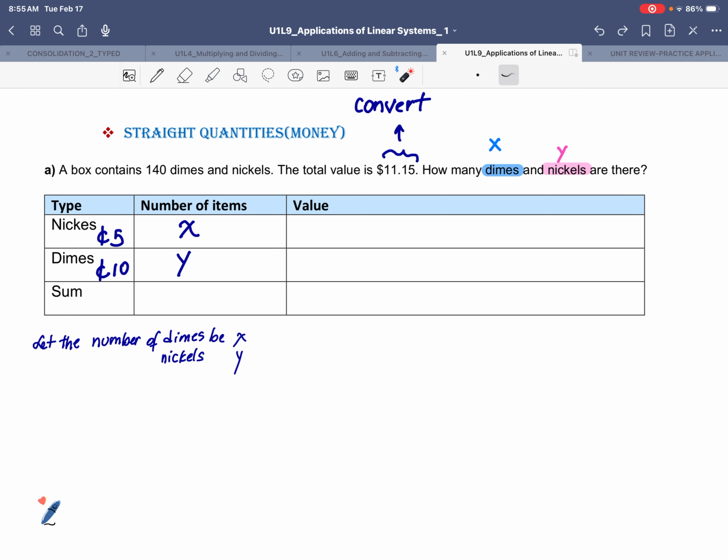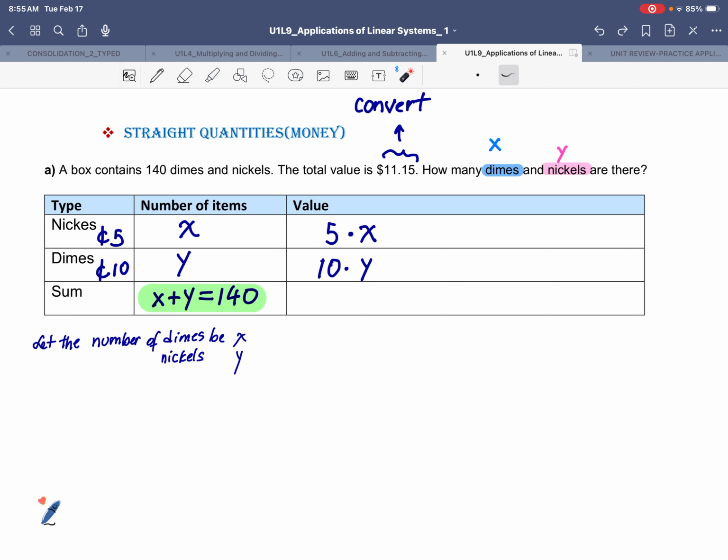Now, the value of nickels will be 5 cents times x, because x nickels, 5 cents each, will make 5x. And the value of dimes will be 10 cents, y dimes at 10 cents each, 10y.